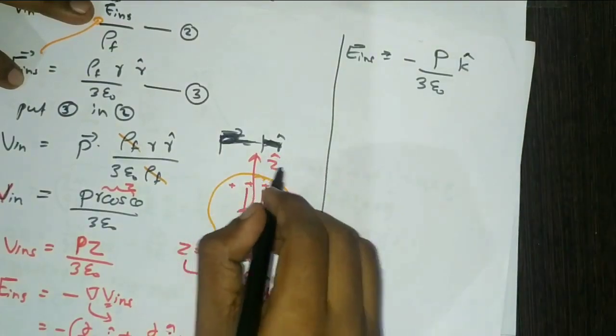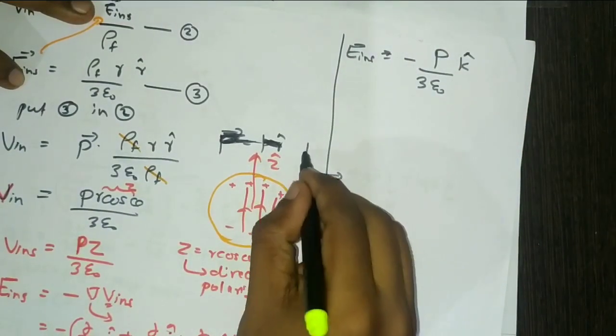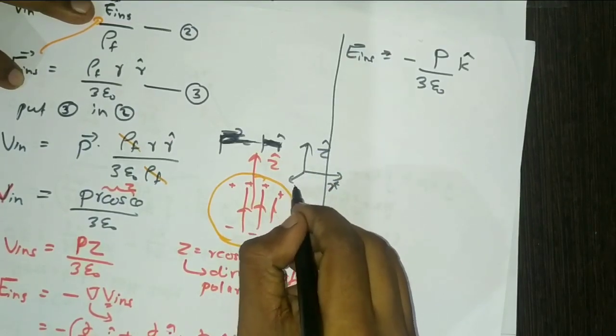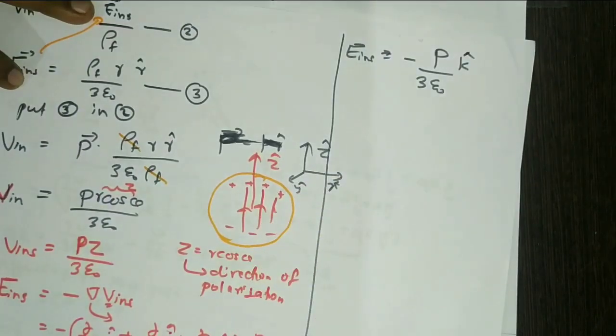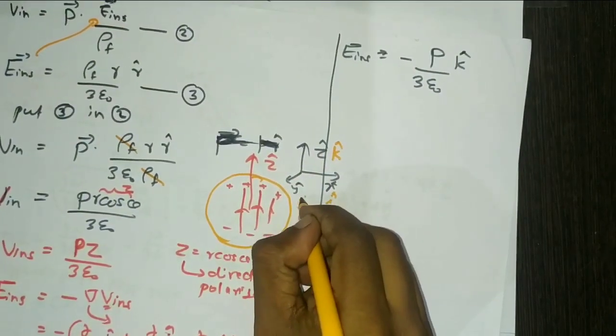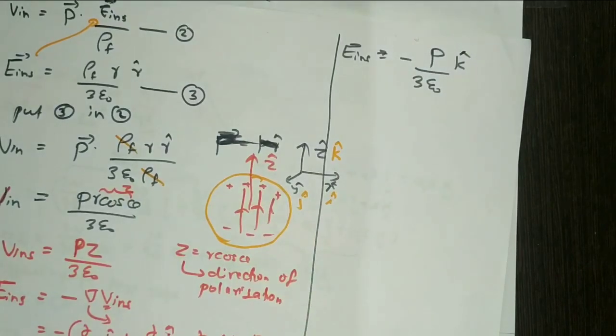K cap means, if I consider this as the x direction, this as the z direction, and this as the y direction, then along the z direction we take k cap, this is i cap, and this is j cap. Okay.